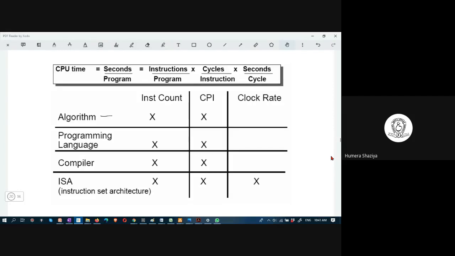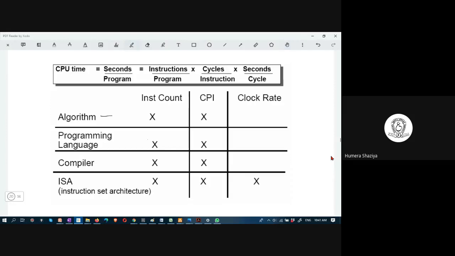A good algorithm would reduce the instruction count and also the cycles per instruction.